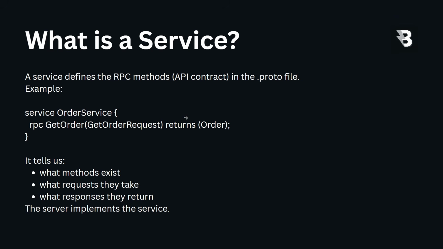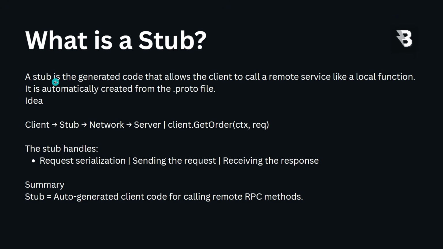Next, what are stubs? Now, a stub is the generated code, like I said. The service, after you generate it, what gets generated is the stub. And this is code that allows the client to call a remote service, like a local function. It is automatically created from the .proto file, and that is the whole idea. So basically, the client calls the stub, it goes over the network to the server, and then in the server, we call the appropriate service, which in this case is client.getOrder.